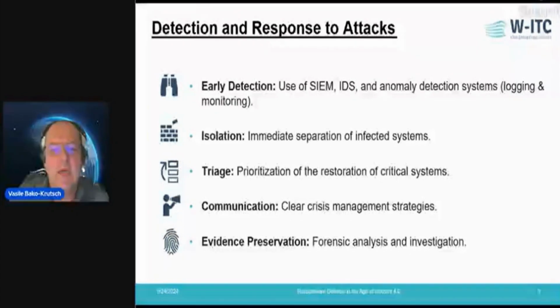Regular updates on the progress of the recovery measures and the remaining risks are also crucial to maintain confidence in the crisis management of the organization. So you need to establish a crisis team that regularly informs about the progress of recovery measures and coordinates decisions.